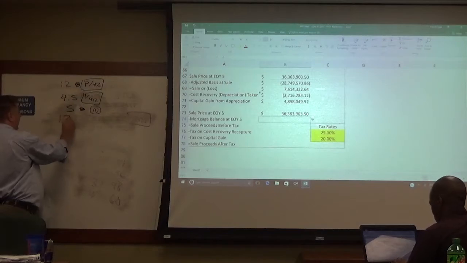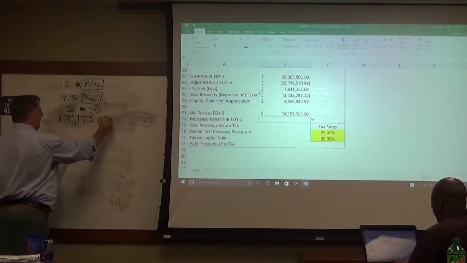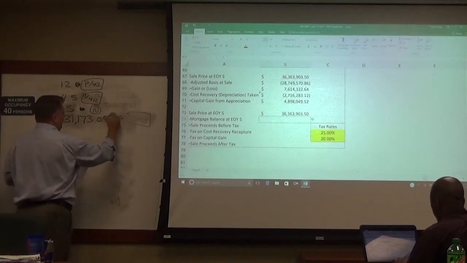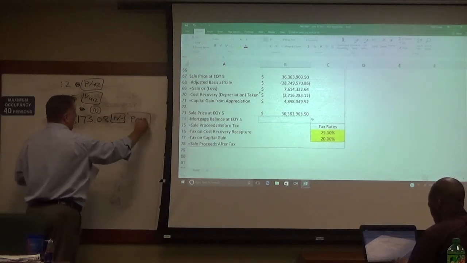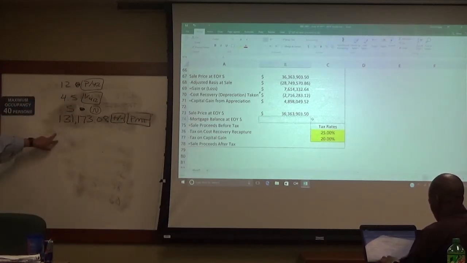Then we can go ahead and put in what I had here, the 131,173.08. I was thinking about it 2 different ways. We can just work it this way after all. All right. So we've got that as our payment. So what we're really going to be searching for is the future value of this loan.